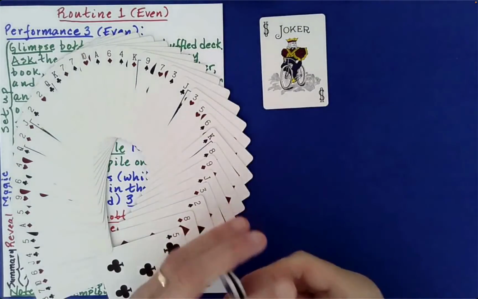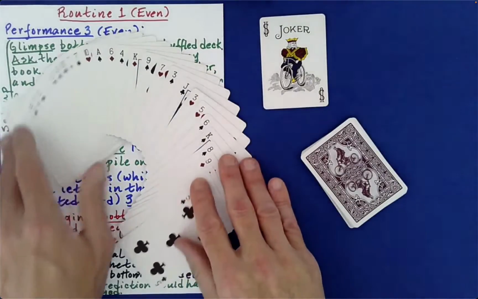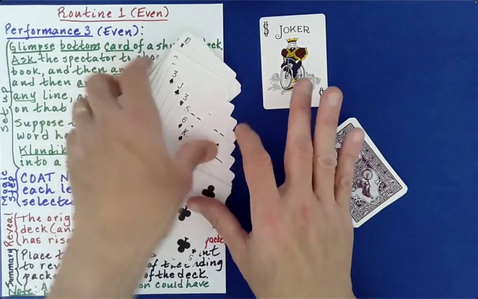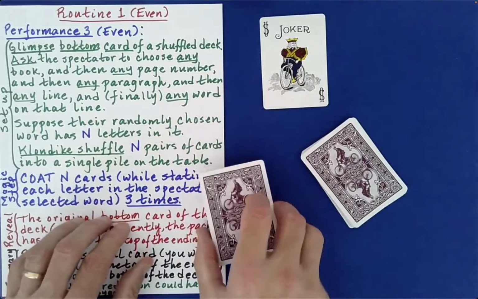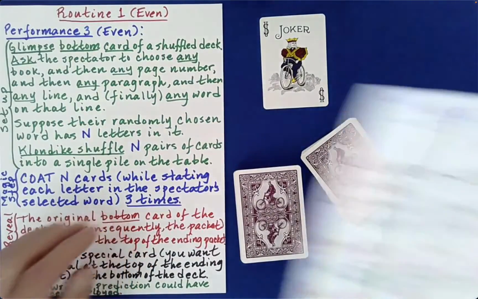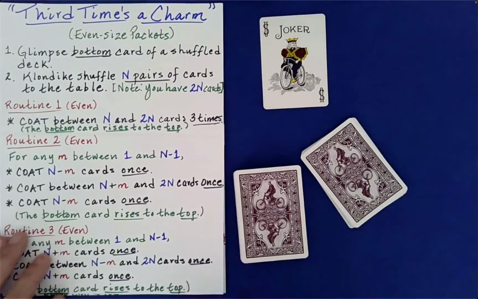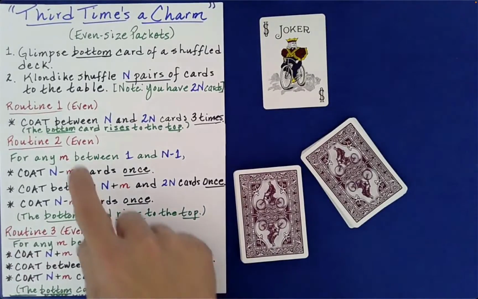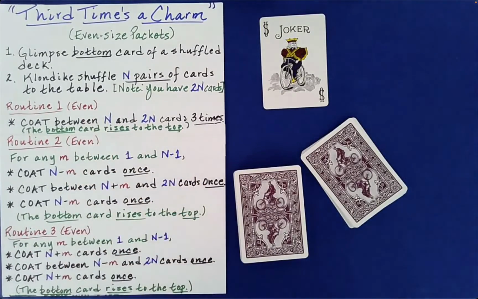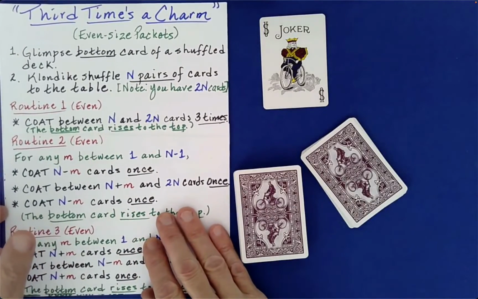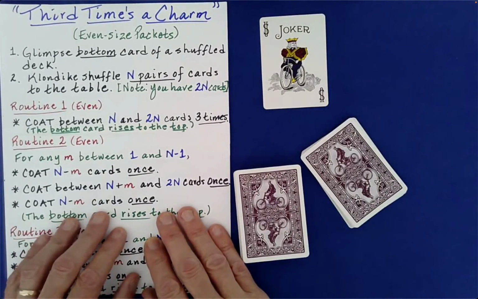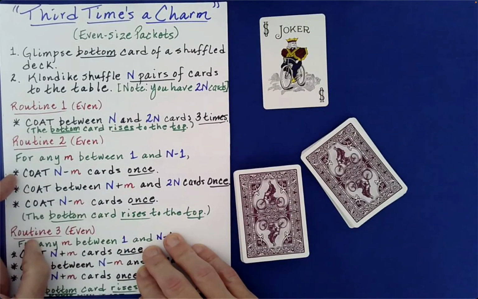So anyway, this is just all very much a dipping of your toes into the wonderful world of third time's a charm. So as we go through these different routines in future videos, you'll get a better and better idea as to how to apply this. And what we're going to do next time, which just opens the door wide, is we're going to allow a coding, a spelling out of different size words.